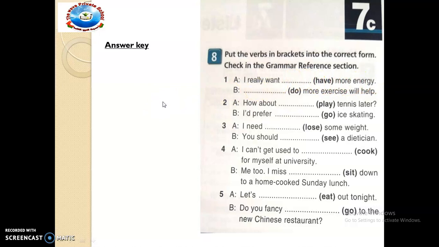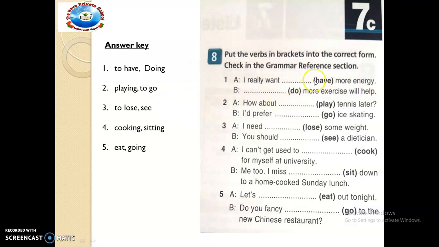Pause this video, try it out before you get to the answer. This is the to infinitive. The ing here, did you see it? Doing, playing. This is to go, to lose. So you can see it. This is the to infinitive, the ing form, and the to infinitive. Good.